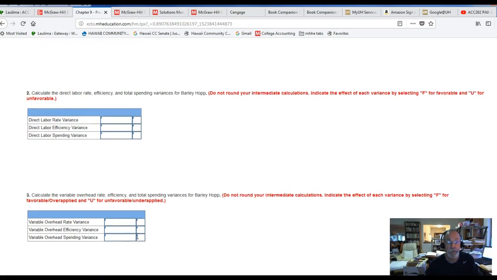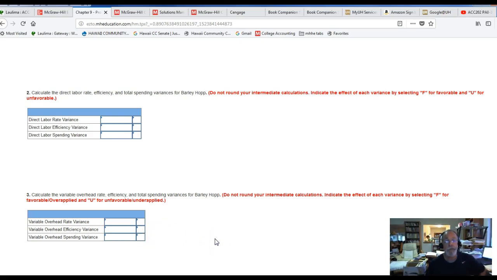And then for the last one, variable overhead rate, efficiency and spending variances, we refer to Exhibit 9.8. If we take a look at that exhibit, we see that the combination of the overhead rate variance and the overhead efficiency variance gives us the overhead spending variance. So all 9 of these variances we can calculate by referring to these exhibits in this section in the text.